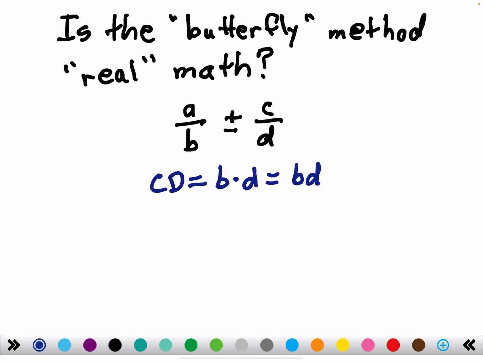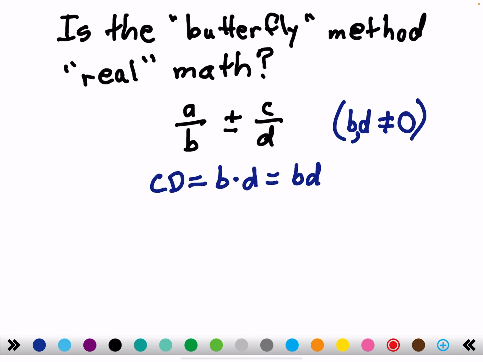So here we have our common denominator of BD, and of course there's a restriction that B and D cannot be equal to 0 because division by 0 is not defined. Now, if we look at our fraction on the right, we already have b in the denominator.